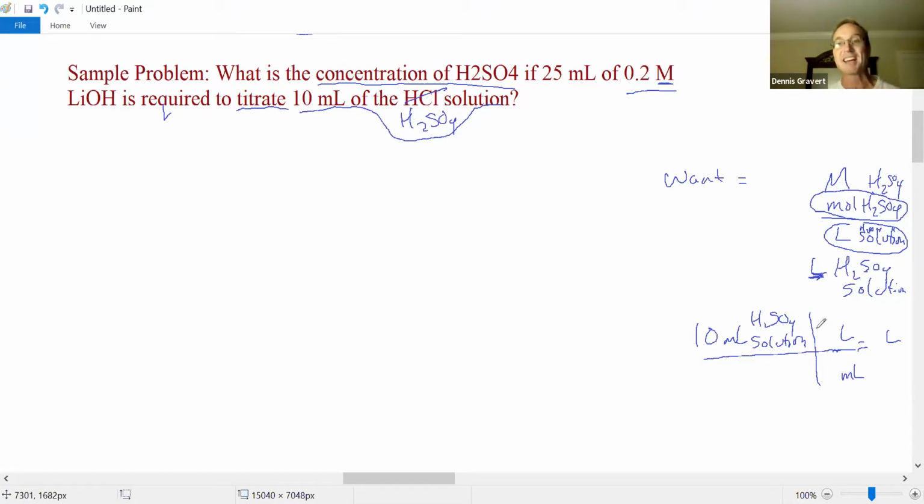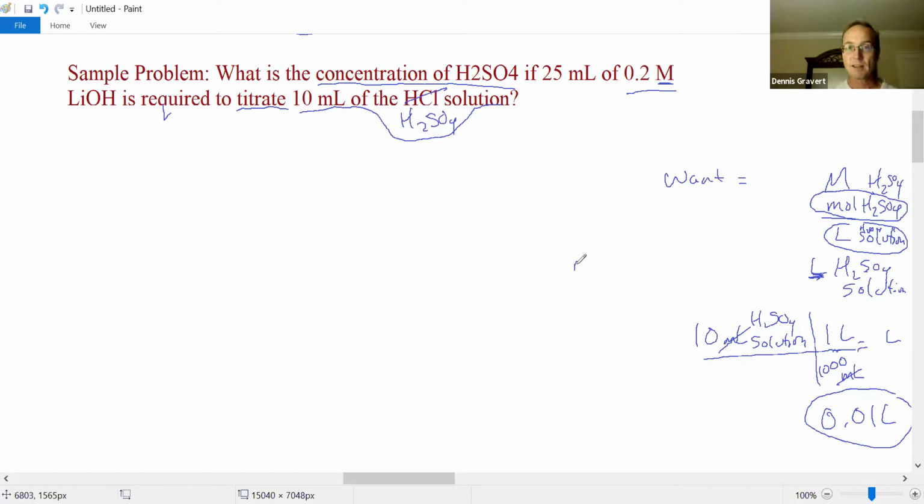I need you to memorize that. It's 1 liter for every 1,000 milliliters. Cool. That'll cancel out your milliliters. 10 divided by 1,000 is 0.01 liters. Okay, so now we know the denominator of our answer. The molarity is going to be some moles divided by 0.01 liters.